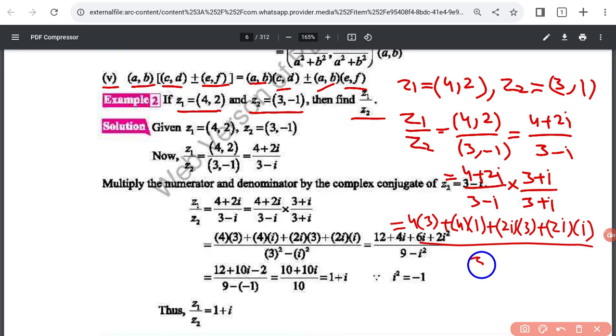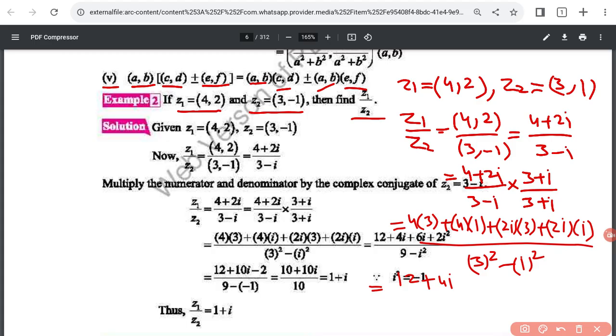In the bottom we have 3 square minus iota square. Then we can simplify it. So when we multiply 4 by 3, it will become 12 plus 4 iota is equal to 4 iota.